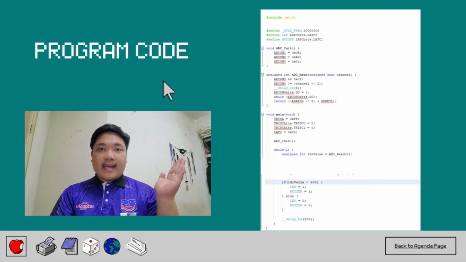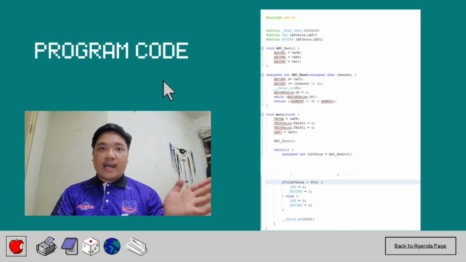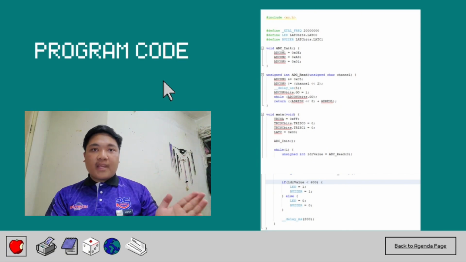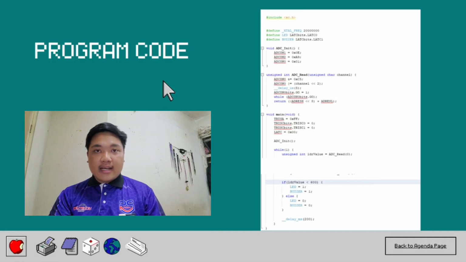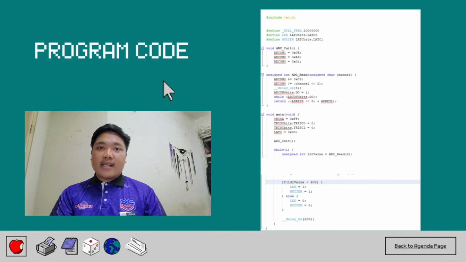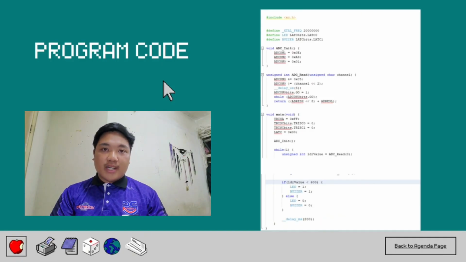And for the ADC reading function, we have unsigned int ADC_read, unsigned char channel. It selects the ADC channel, starts the conversion, waits for conversion to finish, and returns the 10-bit ADC result.